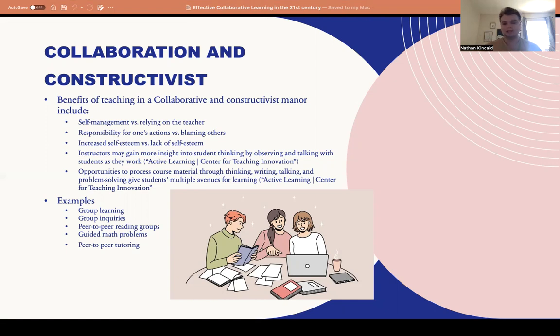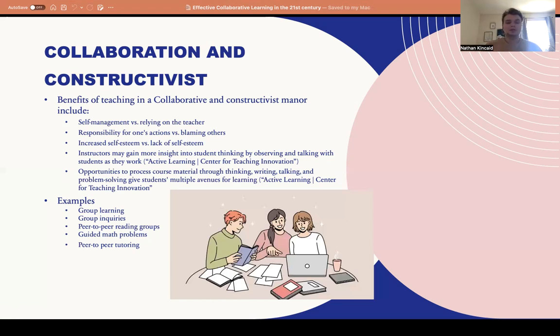They can't blame anybody else. But in the collaborative and constructivist setting, they are now even more at stake because if they drop the ball, they've let their group down, they've let themselves down, they let their teacher down because they did not complete that assignment. So with that, it ties in that self-management. Like, hey, I'm in a group now, I have to get my work done because I do not want to let my group down.